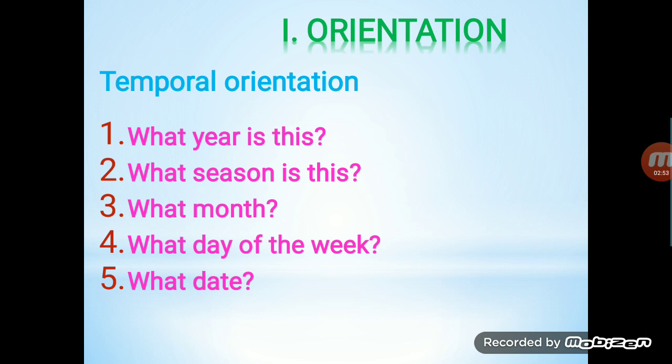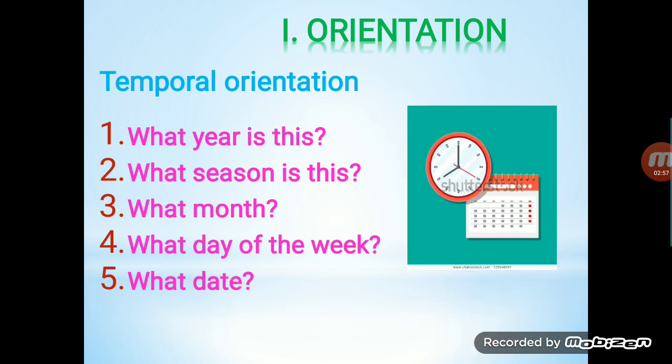You can ask the patient: what year is this, what season is this, what month, what day of the week, and what date is today. These 5 questions can be administered to assess their temporal orientation. Remember that each correct answer carries 1 point. Out of 5, if the patient gives all correct answers, you can give 5 points.